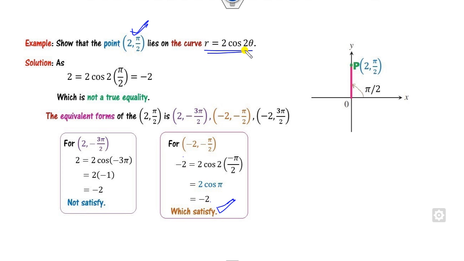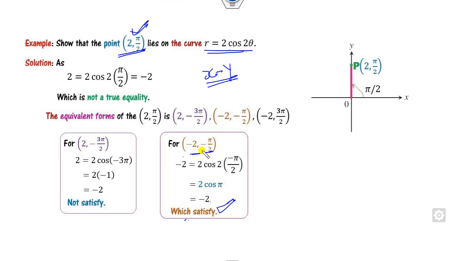But you can see this property does not hold for the Cartesian coordinates. When you are working on the xy plane, a point always has a unique representation, but in polar coordinates this does not happen. So you can say this point lies here. Remember, this is the supplementary point of this.